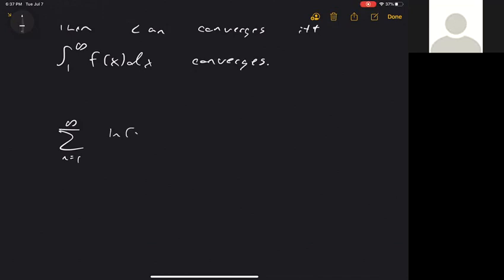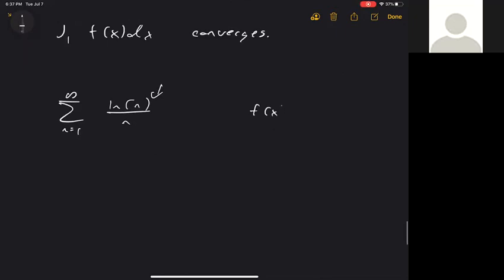Let's say you have this series, and you think to yourself, hey, ln n is a function, right? So this matches up with a function of x. We could think of, instead of ln n over n, ln of x over x.